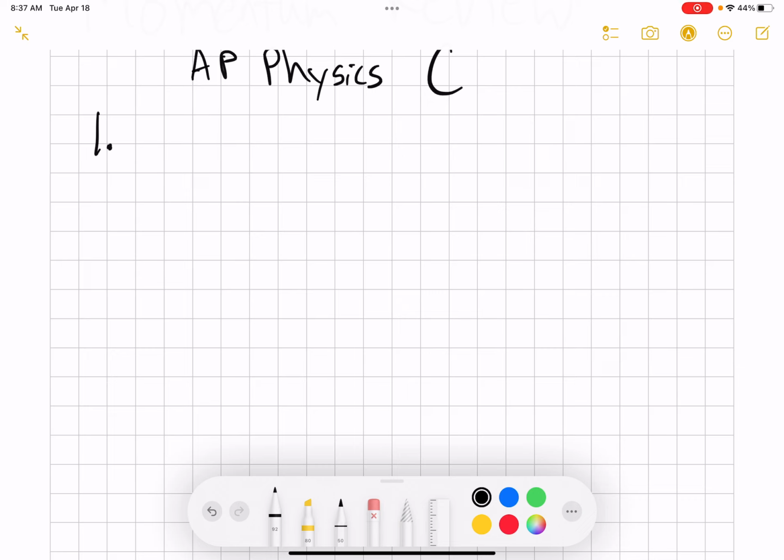Remember, for momentum problems, you know something is a momentum problem if there is a collision. So you have two objects hitting each other, bouncing off in some way. Colliding, bouncing off, something along those lines. And then it's asking for velocity.